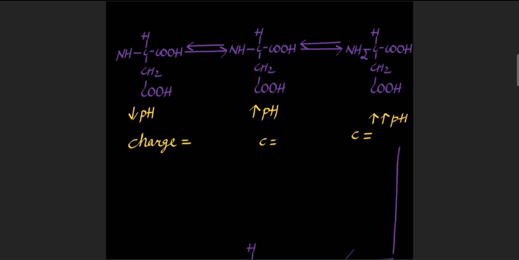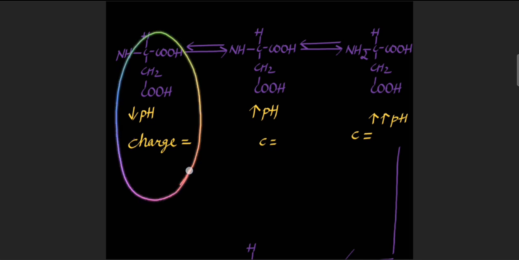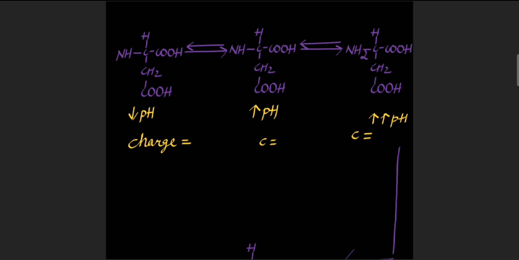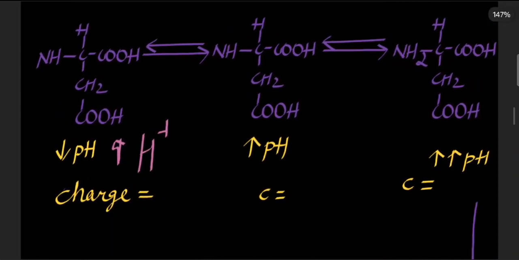So let us see here. We all know that the pH in this one is very low, right? The pH is very low. That means hydrogen ions are more in number, right? So I can write that there are more hydrogens. Now, when there is more hydrogen, what will happen? The COOH will remain as it is. But what about NH2?